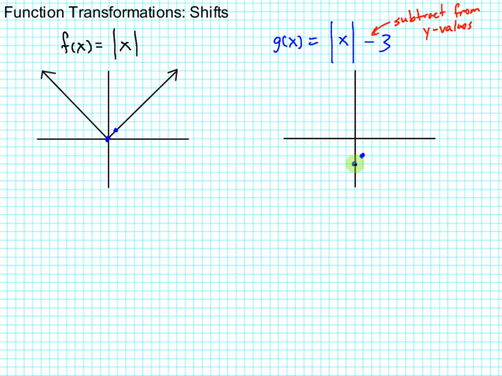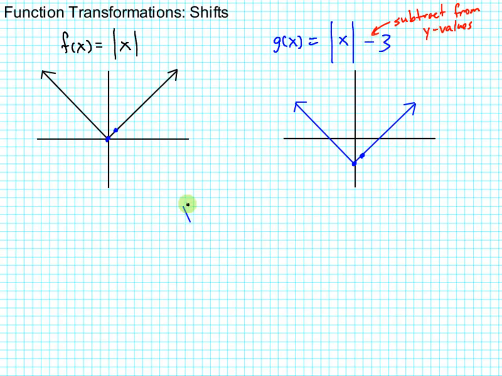So you end up with this graph that doesn't go through the origin anymore. It starts at 0, negative 3 because the origin's been shifted down. And in fact every y value has been shifted down by 3. So this is a vertical shift down by 3. So it affects the y values because it's vertical.